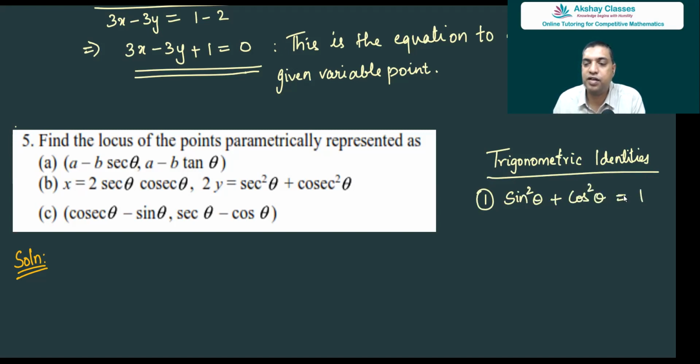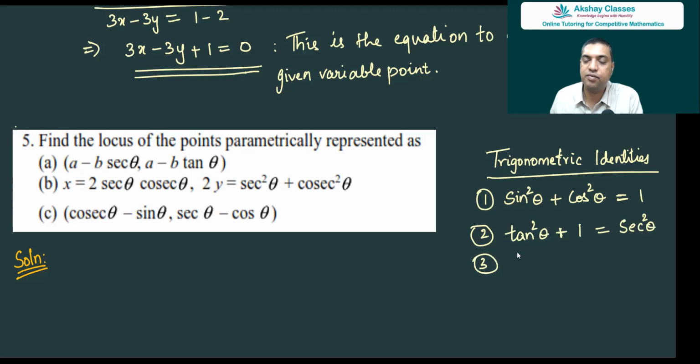So suppose we divide this by cos square theta throughout. Sin square theta by cos square theta will be tan square theta. So tan square theta plus 1 is secant square theta.